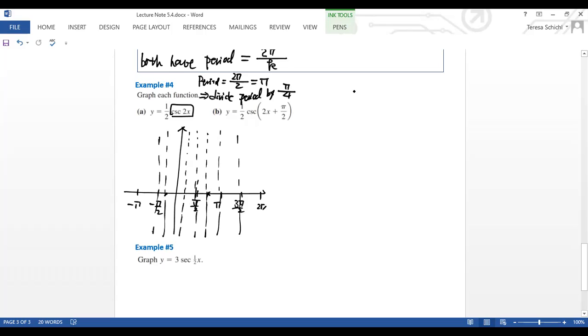Okay, so we know the cosecant is going something like this, right? If you do your graphs here, you know your cosecant does something like this, and goes like this. And this is 1, but now you have 1/2 here. So I know what I need to do here. So here they're going to drop down to 1/2, right?